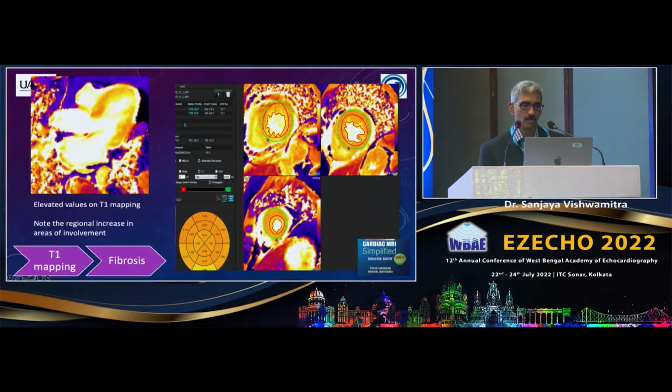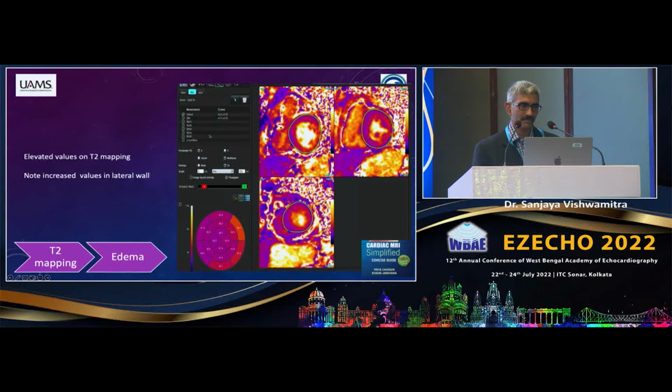And you remember I showed you the T1 mapping and the presence of fibrosis and edema. This is again from that same patient. I know that it will be difficult for you to appreciate if you're not doing T1 mapping regularly, but trust me, these values are high. Increased values can be seen with either fibrosis or edema.